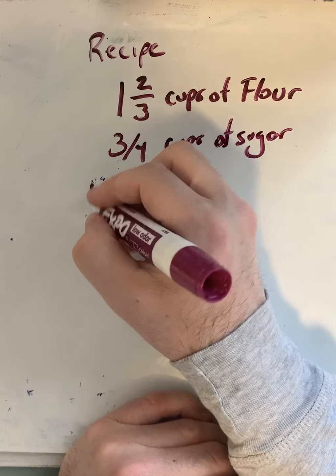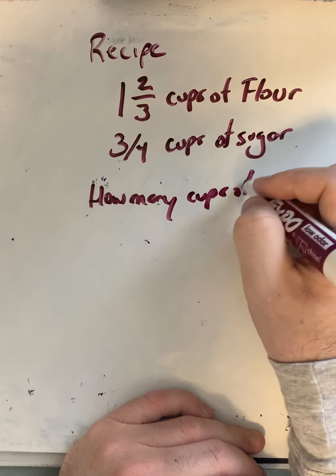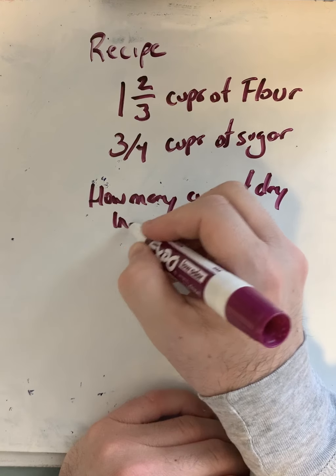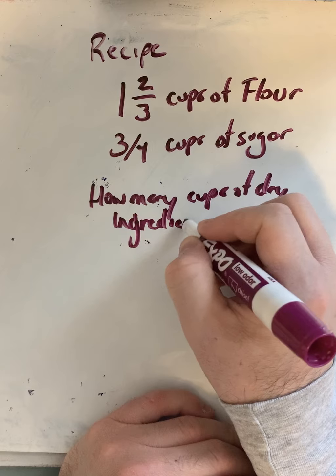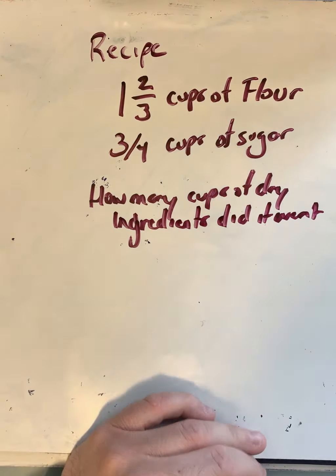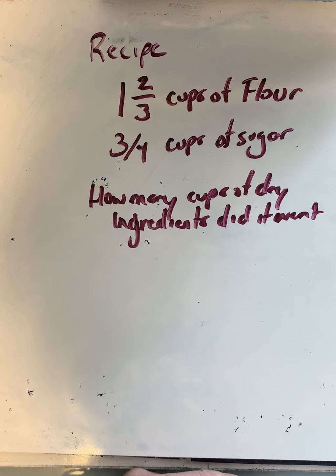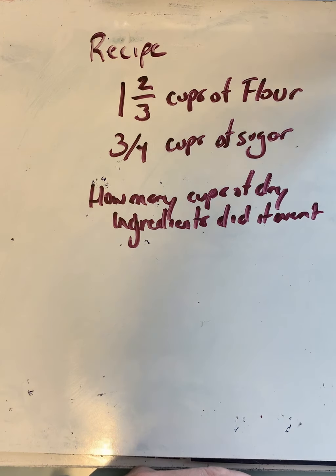Okay. How many cups of dry ingredients did it want? Okay, so that's the focus now. How many cups of dry ingredients did it want? So take a pause, and I'd like you to come back when you've solved it to see if you've done it correctly. Go.